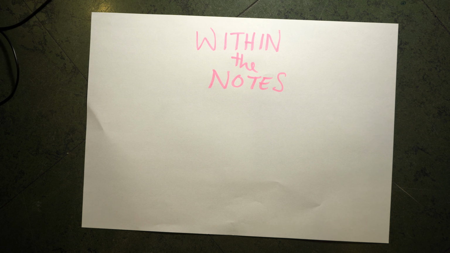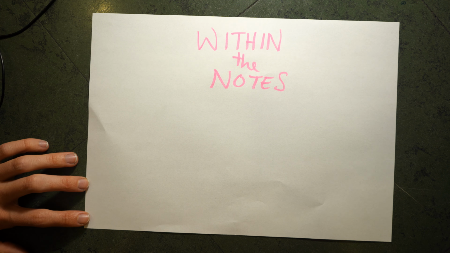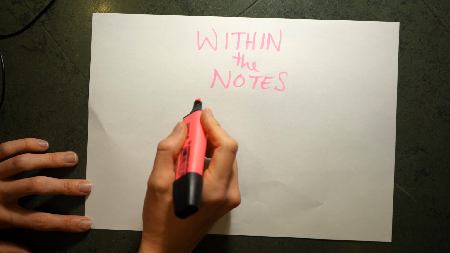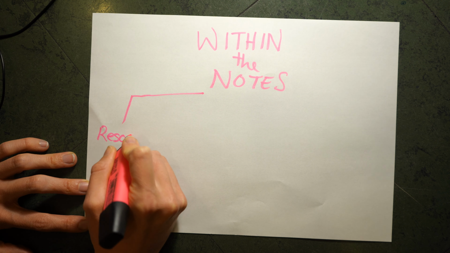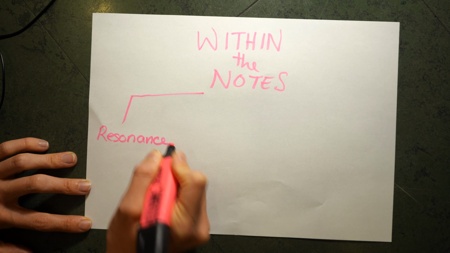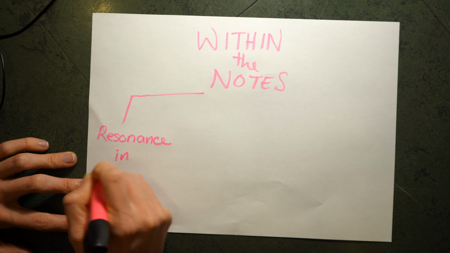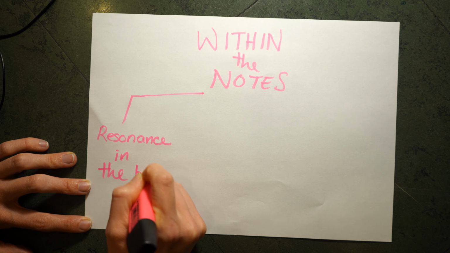So now we're looking at within the notes, right? That sweet spot we want to get on our instrument, in our voice. So if you go down that chart, you'll see that within the notes, we can work on this resonance spectrum in the body. And this relates to the specific effect and presence that a specific pitch has in your body.